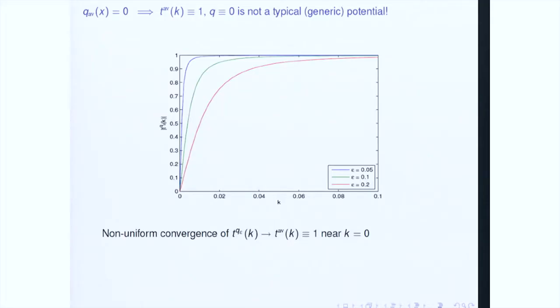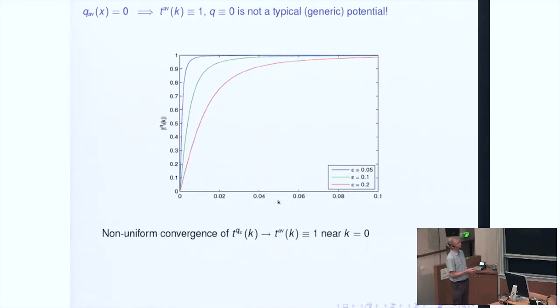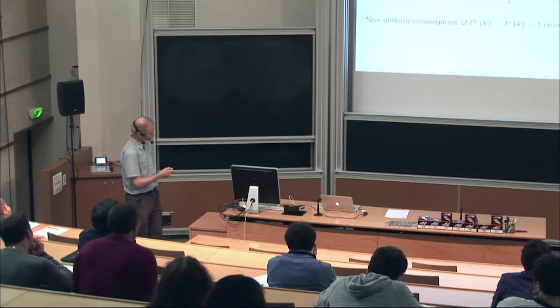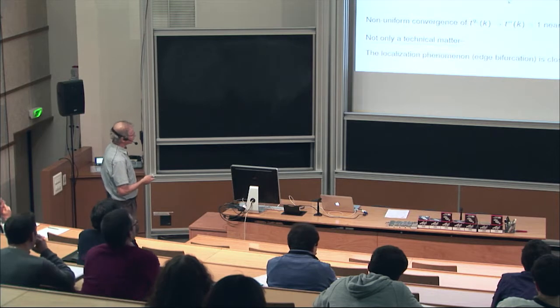So there's a non-uniform convergence of these transmission coefficients to the homogenized one. If I'm standing at an energy which is away from 0, then clearly you see nice convergence to the homogenized transmission coefficient, but that convergence is non-uniform. And that's not only a technical matter.